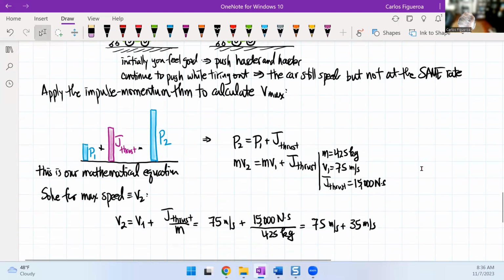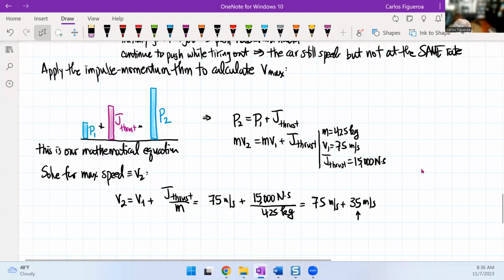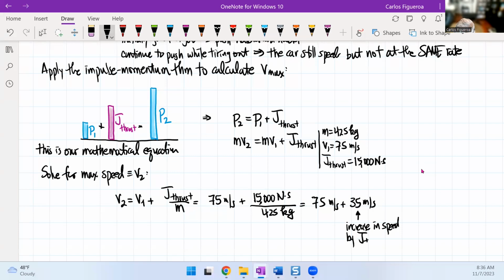So you could see that this was the increase in speed by the impulse of the thrust. That gives me a value of 110 meters per second, and that's going to be my maximum speed right there.